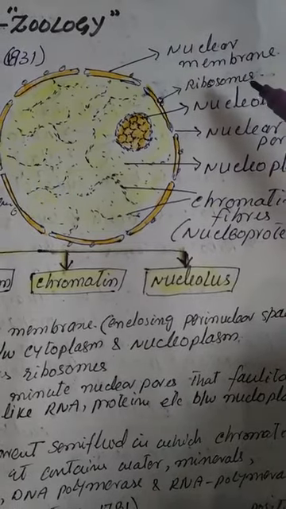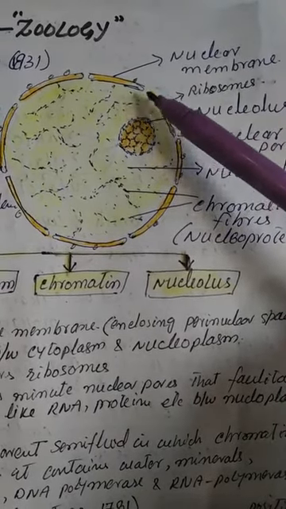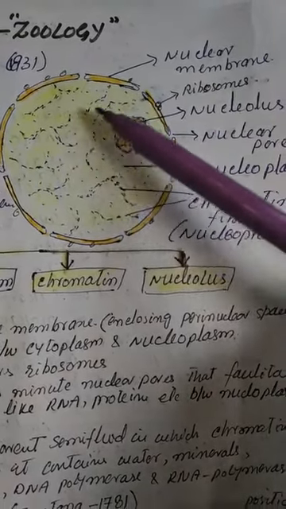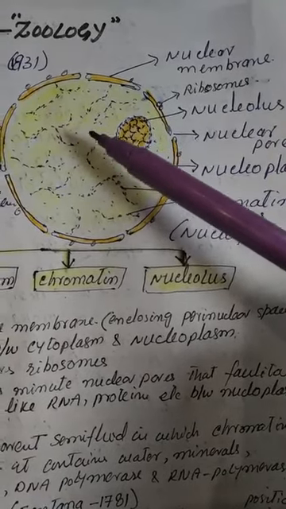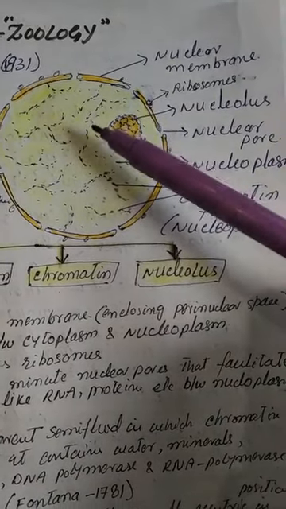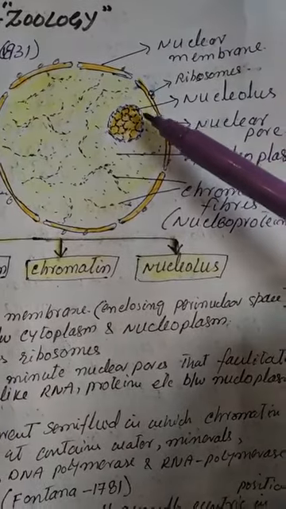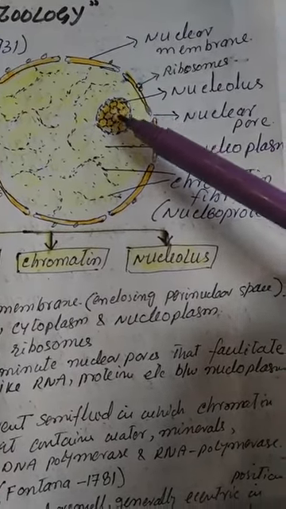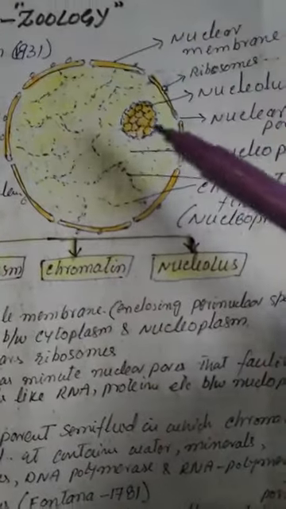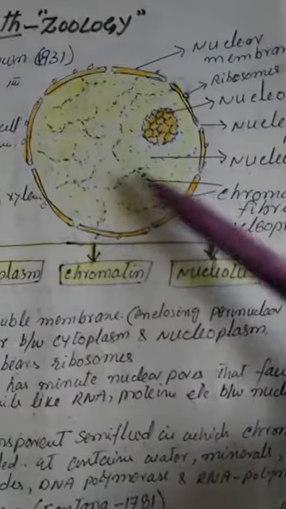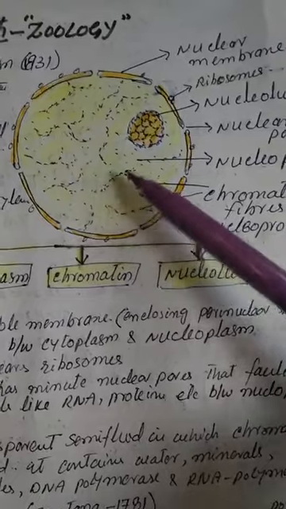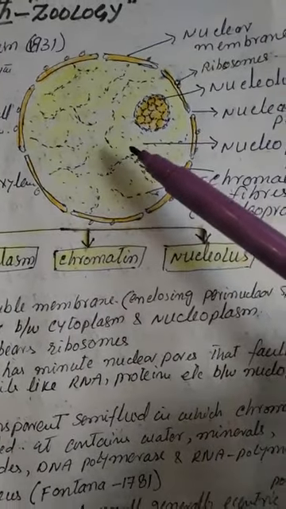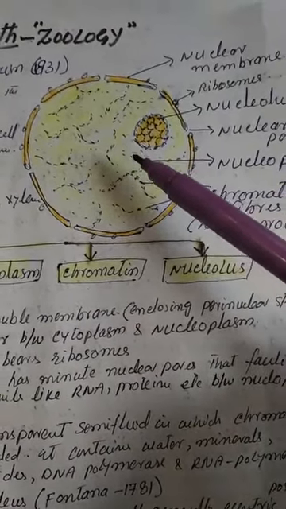Then inside this nuclear membrane, this is known as the nucleoplasm, and embedded in this nucleoplasm we see this dense spherical structure called the nucleolus, and we can also observe these condensed chromatin fibers, which are basically the nucleoproteins.